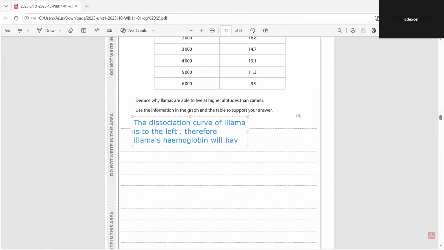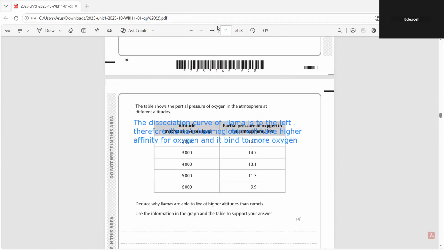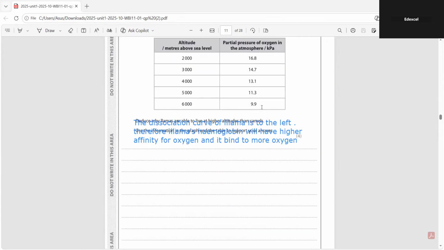So it will have a high affinity for oxygen and it can bind to more oxygen. This point you can write using the graph, okay? And then, according to the table, you can write about the altitude and the partial pressure.